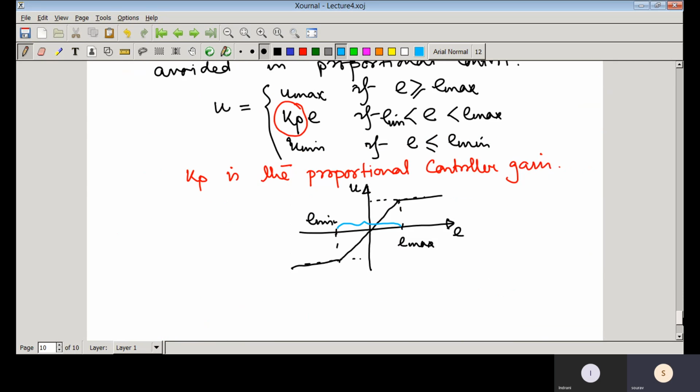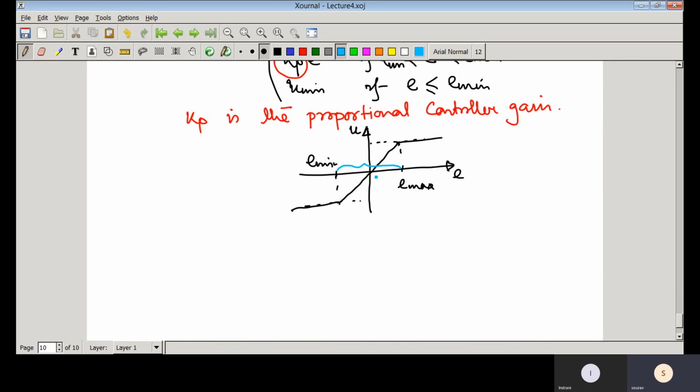But in the case of proportional control, we are generating U, which is Kp into E. So now what would be the slope of this control law? It depends on how much control gain you have chosen. This Kp is the controller gain, and as a designer your job is to design this Kp.